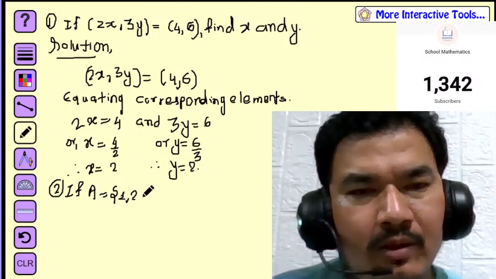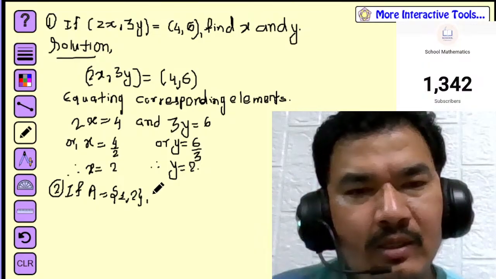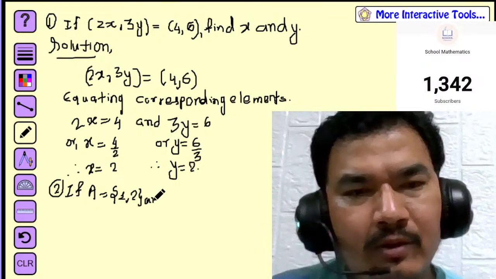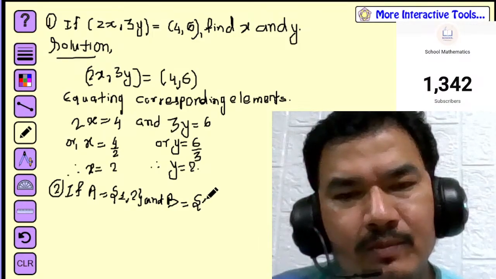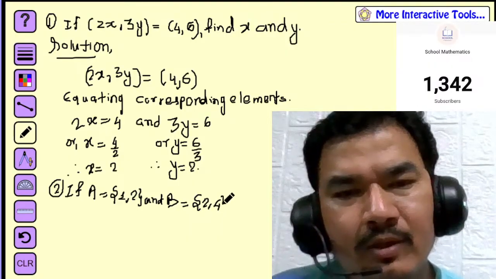The elements of A are 1 comma 2, and set B is given there, 2, 4, right?